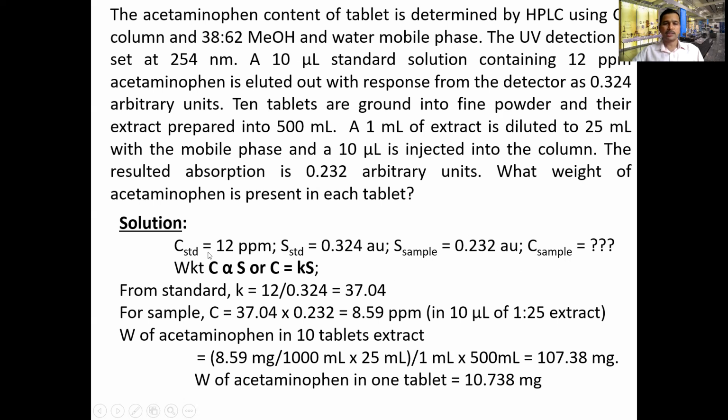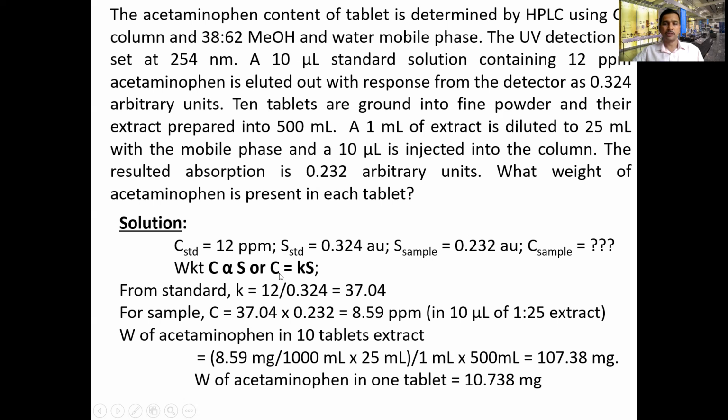So you know the concentration of the standard and the signal. First you calculate the proportionality constant. K is equal to concentration, 12 ppm, divided by the signal, 0.324. That is going to be 37.04. The value of K is 37.04. Now for the sample, you know the value of K. What is the concentration of acetaminophen in the sample?